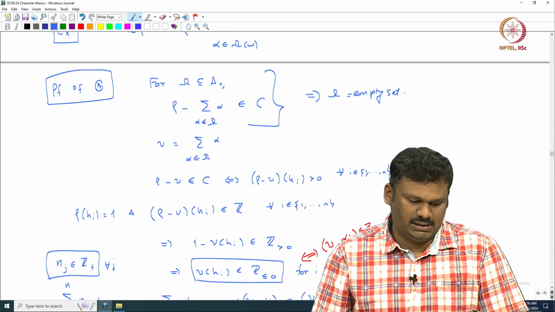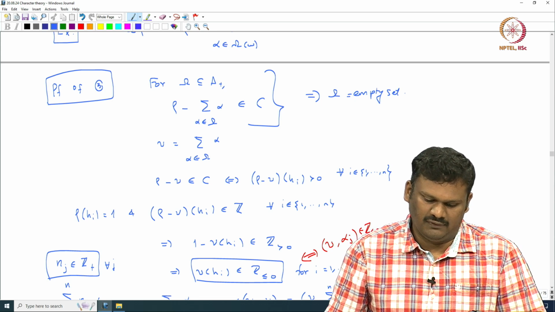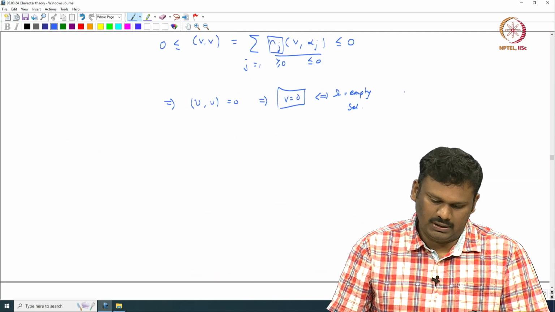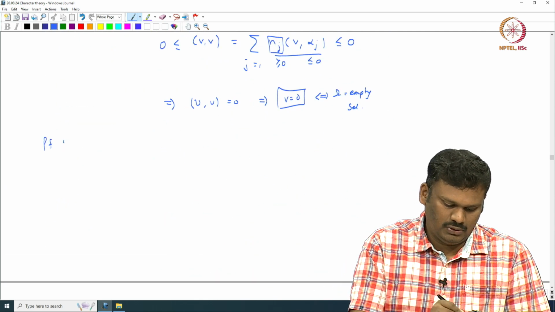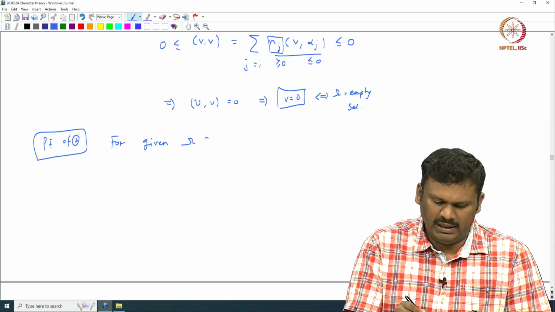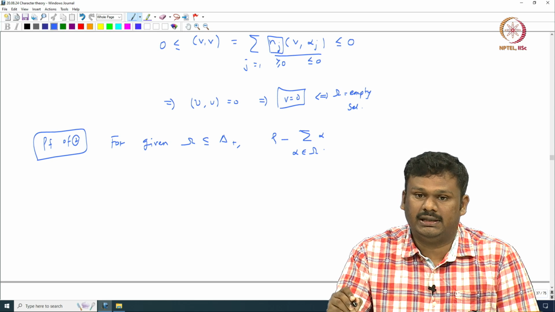So this is just a simple calculation that uses only information about the summation alpha, alpha in omega. Now if we go back to the statement of 2, it says that for given omega in delta plus, we consider this rho minus summation alpha, alpha in omega, and we want to understand what it is.